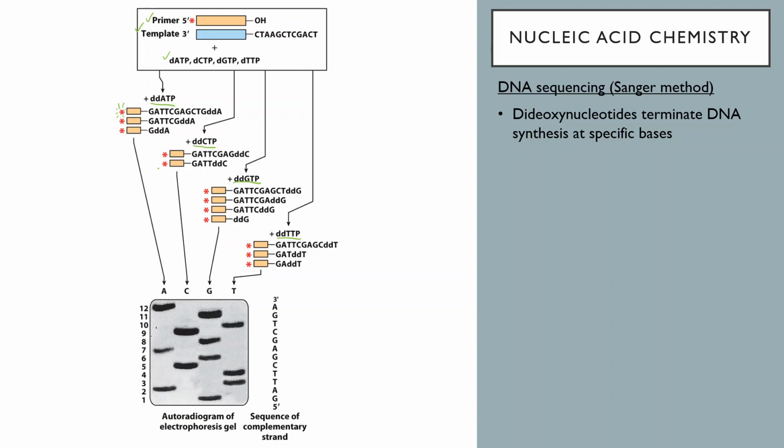If it added a regular adenine, it would just keep going. So this here and here, for example, represent pieces where it saw the T in the template strand, happened to grab a regular adenosine instead of the dideoxy adenosine, and just kept going. But here represents a case where it saw that T and grabbed a dideoxy adenosine instead, and then it stopped. It couldn't keep going after that, so it made a very short sequence.